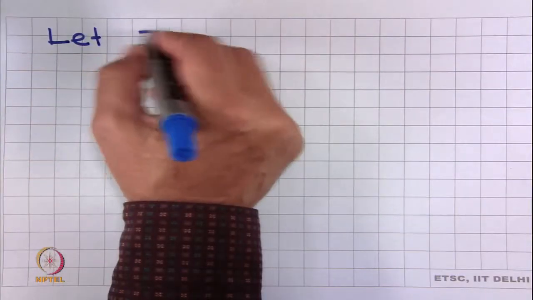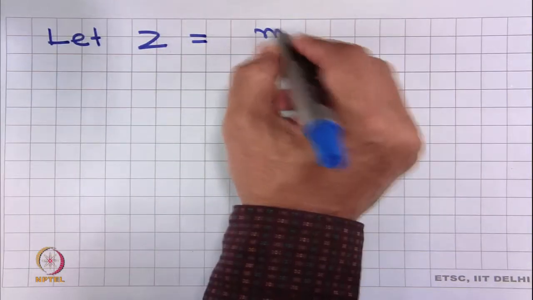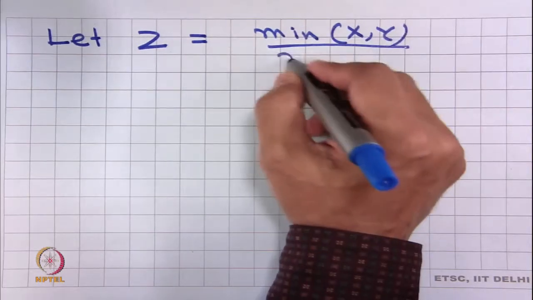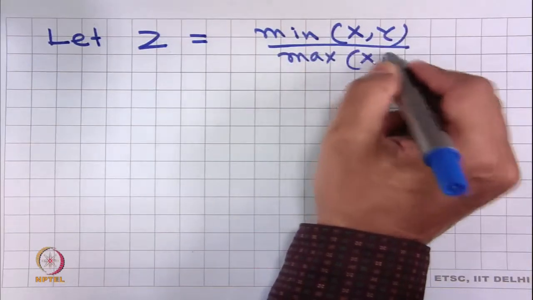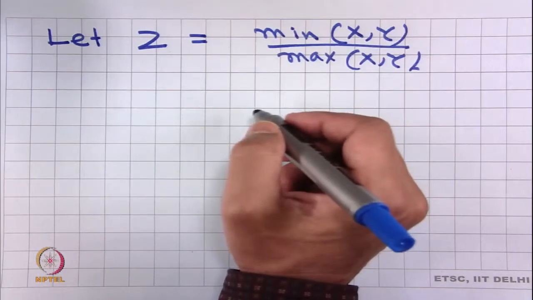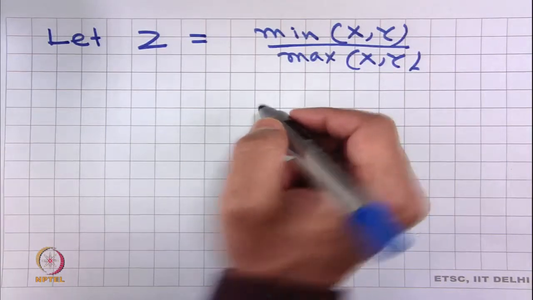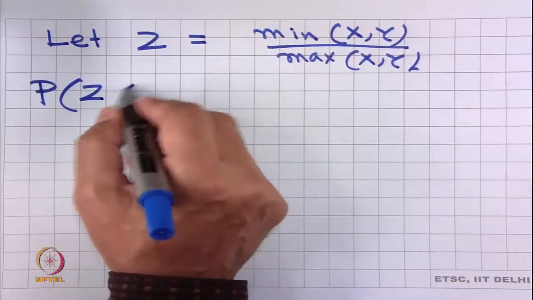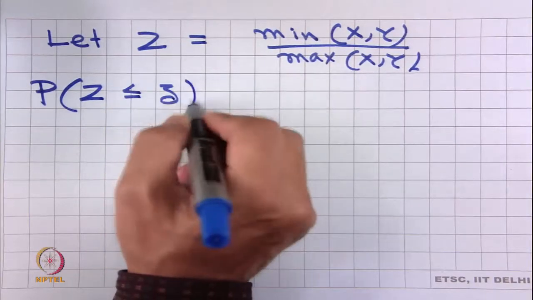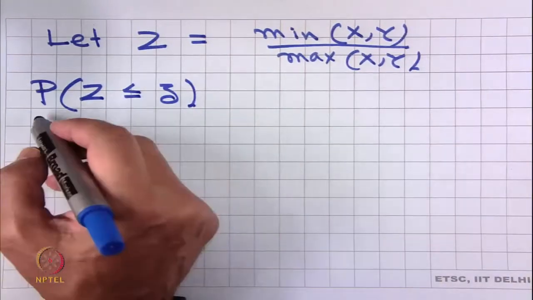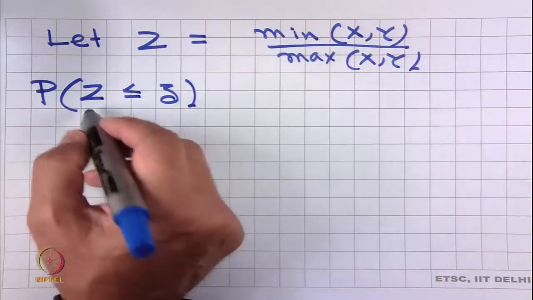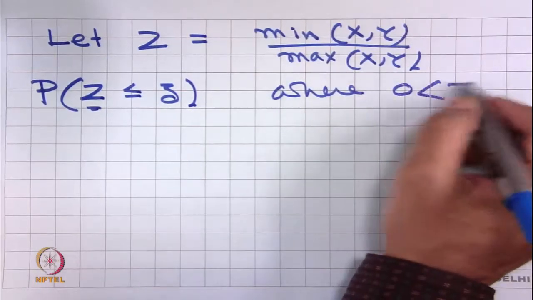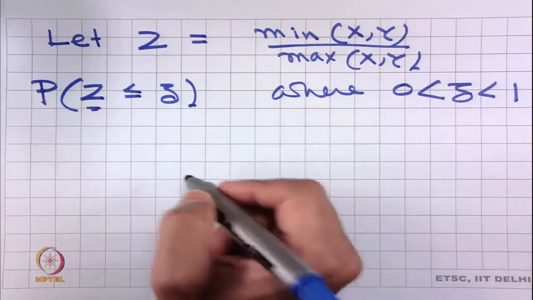Let z be equal to the minimum of x, y upon the maximum of x, y. So, we are looking at the probability that z is less than or equal to small z. That is, we are looking at the CDF of z, where 0 is less than z is less than 1.